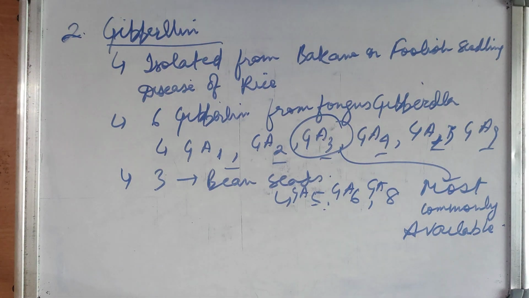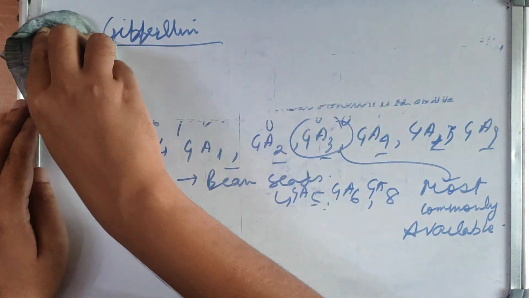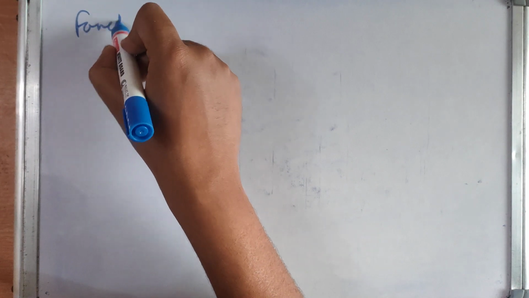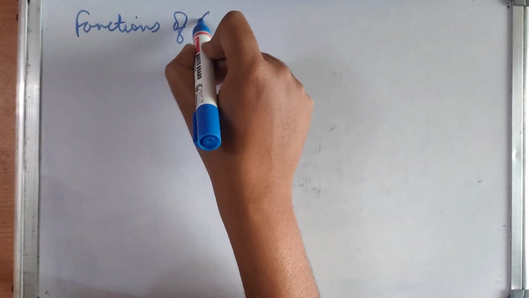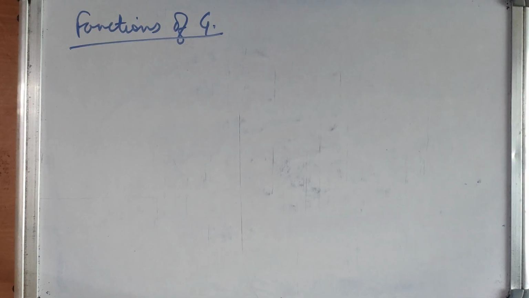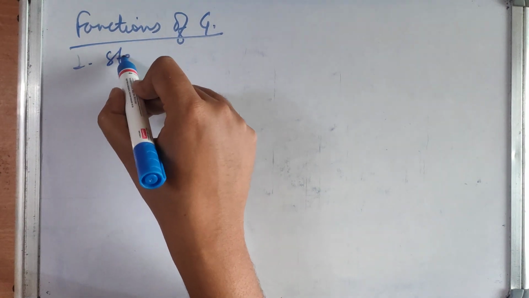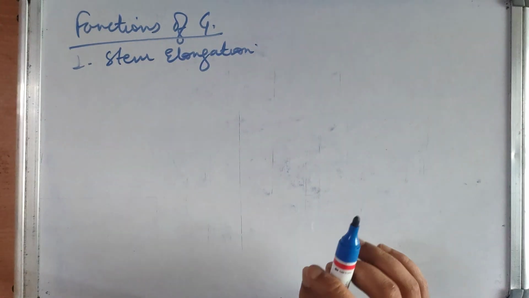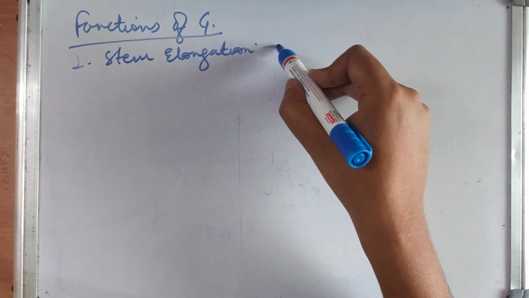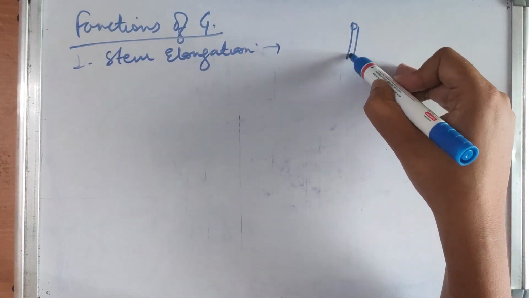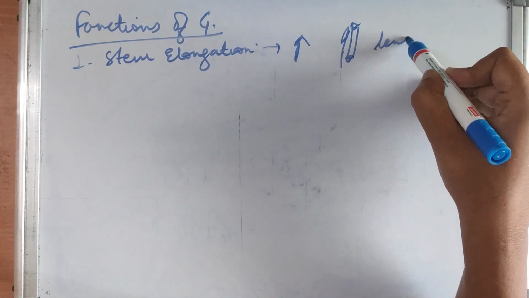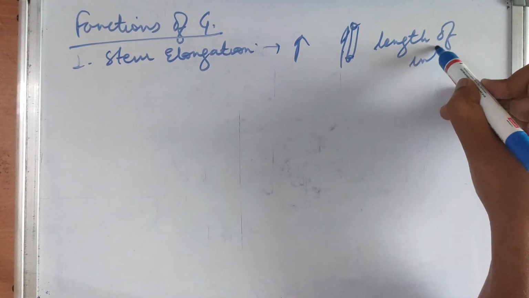Now, what are some of the major functions of gibberellins? First of all, they are helpful in stem elongation. They increase the length of internode. Suppose there are 2 nodes, this is the internode.